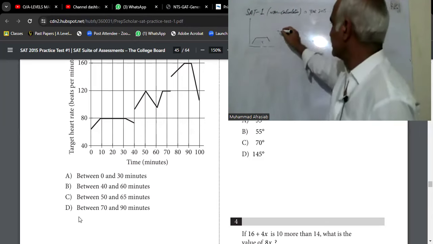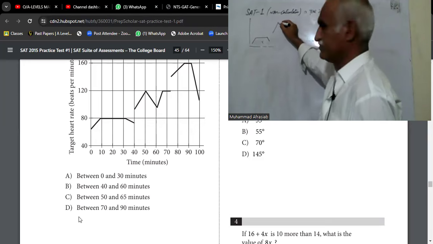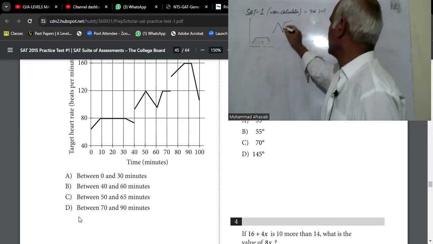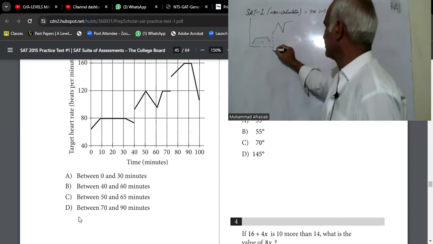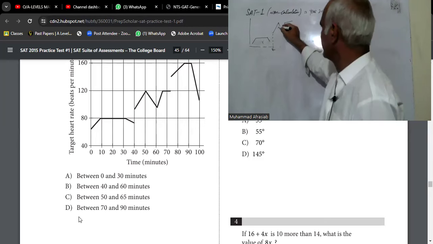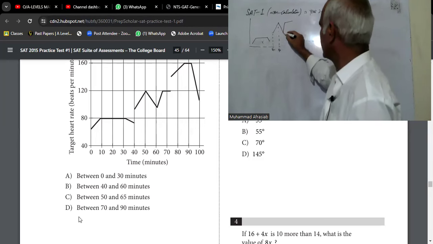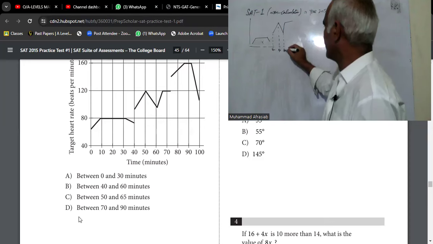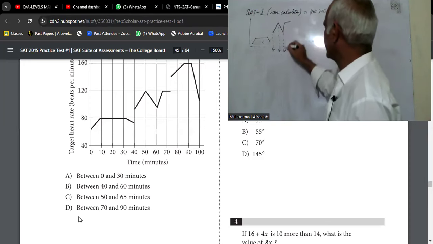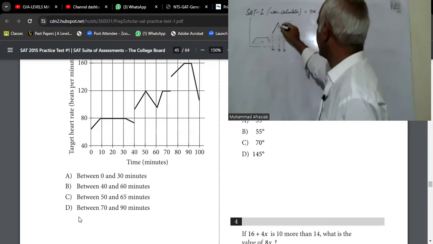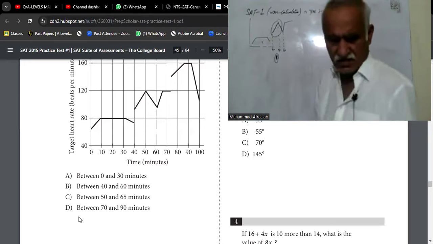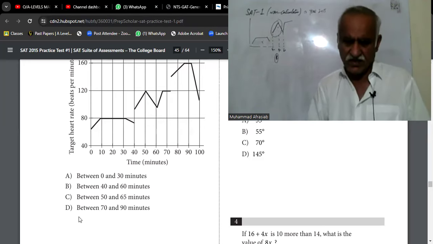Then the second graph is from 40, 50, 60. So from 40 to 60, it is first increasing and then decreasing. So this is the right choice, and choice B is the answer of this question.